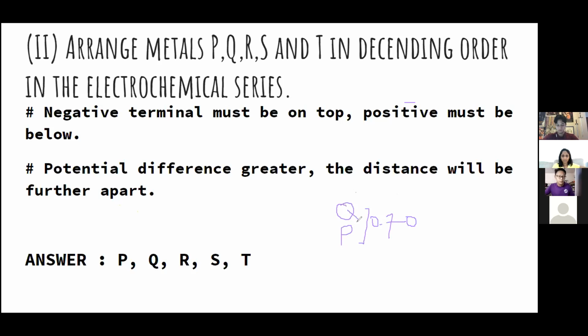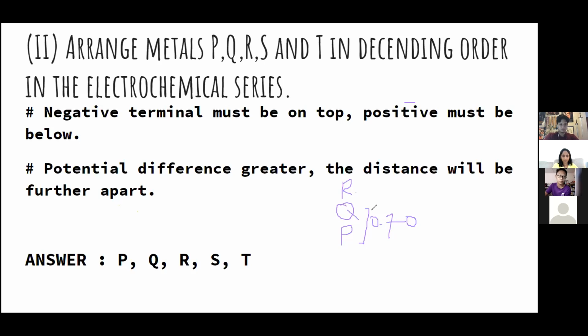Yeah, so this is the first one, the P and Q. The negative will be on top. Then we'll go to the second column, which is P and R. It says R is the negative on top. So R is on top of P, and it's greater than the first pair of metal. So it'll still be on top of Q. And the third, it says S and Q, and S is the negative.